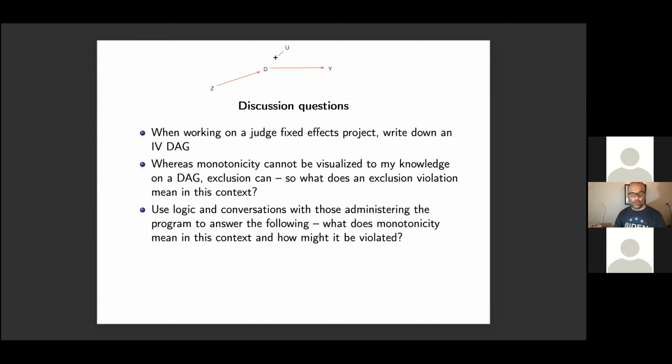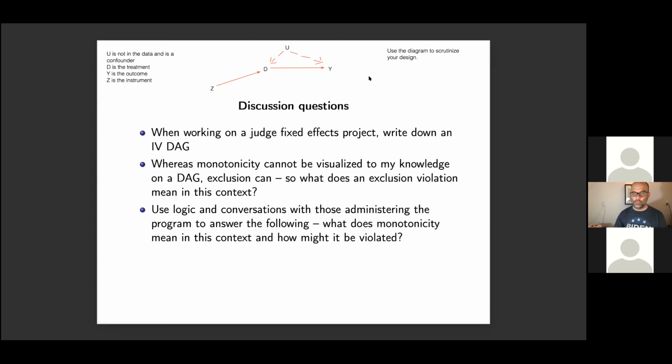I just highly encourage that you write down this diagram, all right? So let's mark this. U is unobserved, is not in the data, and is a confounder. D is the treatment. Y is the outcome. Z is the instrument, all right? Use the diagram to scrutinize your design.